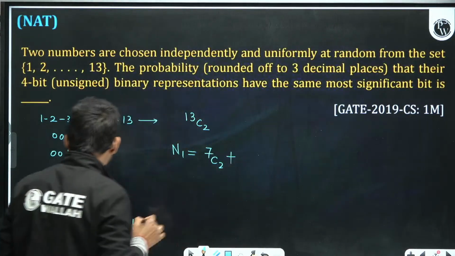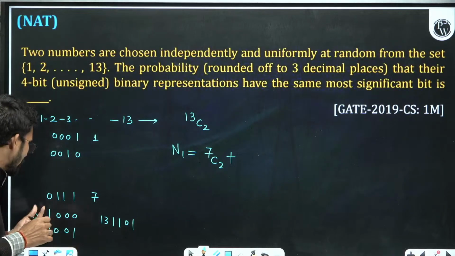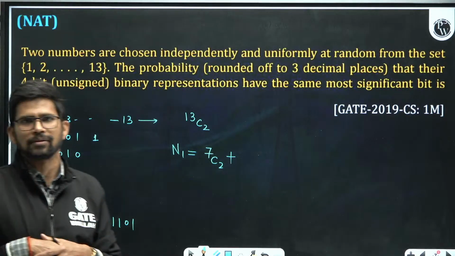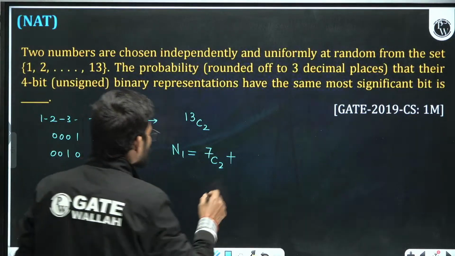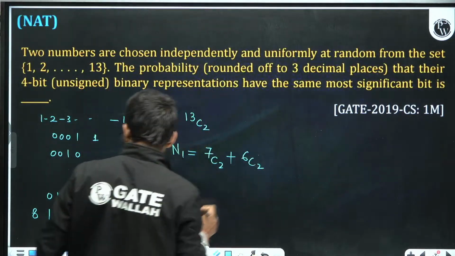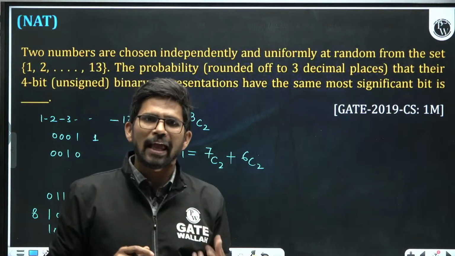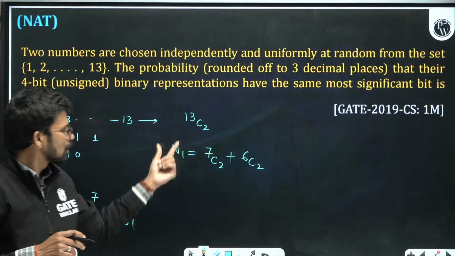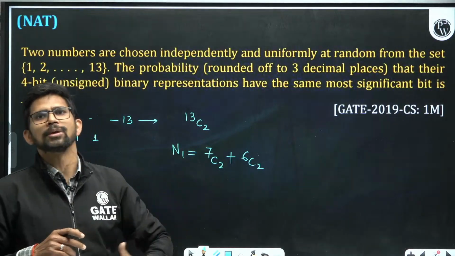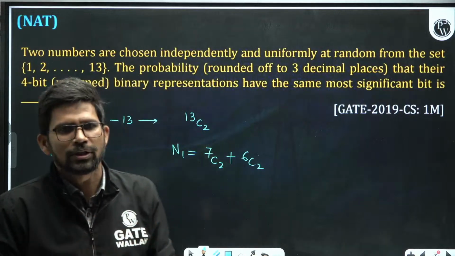Or I choose two numbers from 8 to 13, which are 6 numbers, then I will also have the same MSB, which is 1.